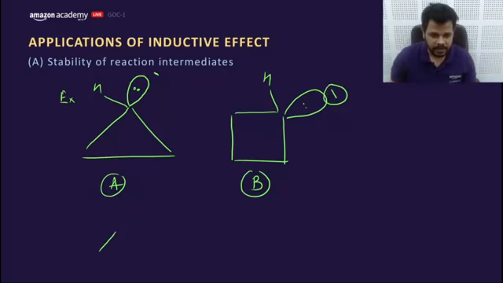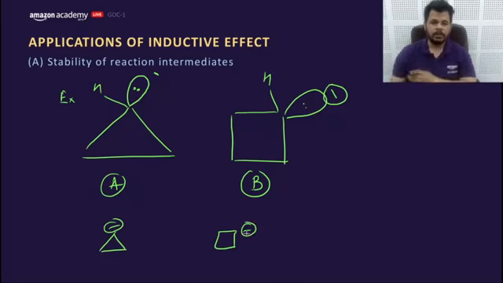Anjali says B, Gaurav says A, JB says B, GT says B. It's a very, very important question. Suraj says B, JB says B.